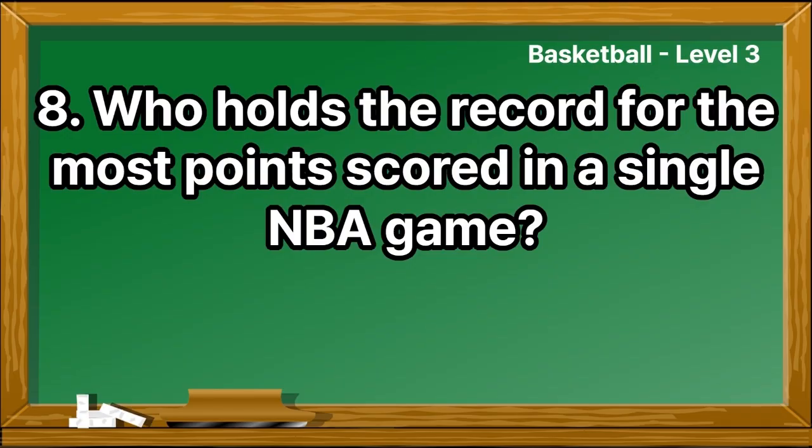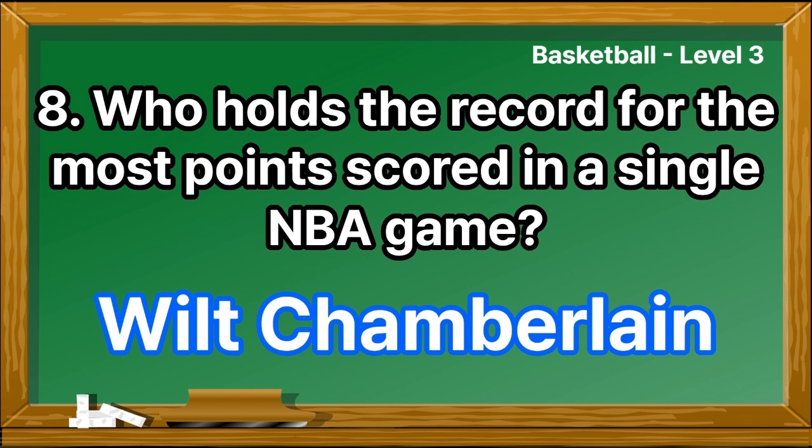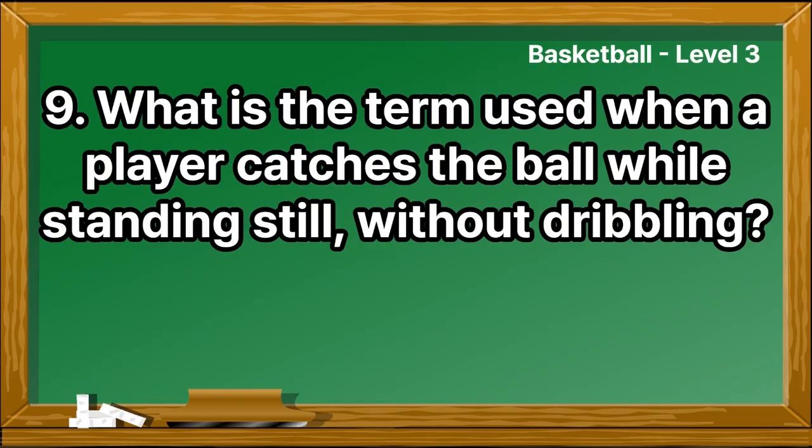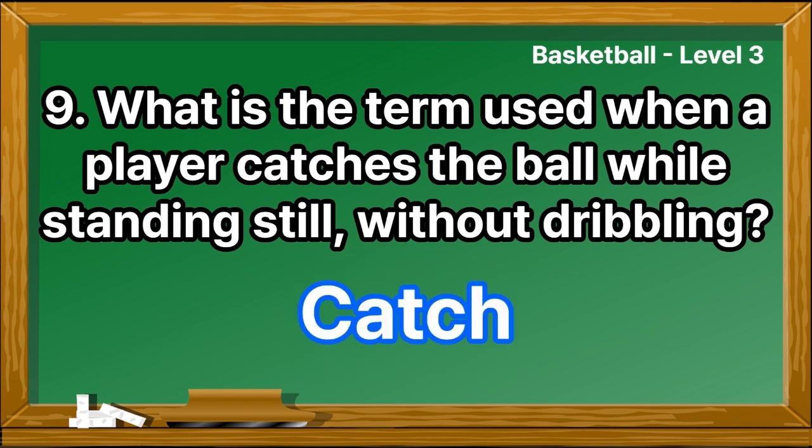Who holds the record for the most points scored in a single NBA game? Wilt Chamberlain. What is the term used when a player catches the ball while standing still, without dribbling? Catch.